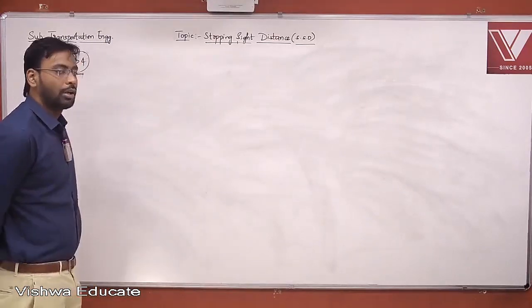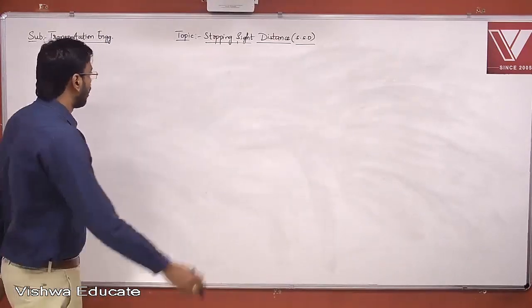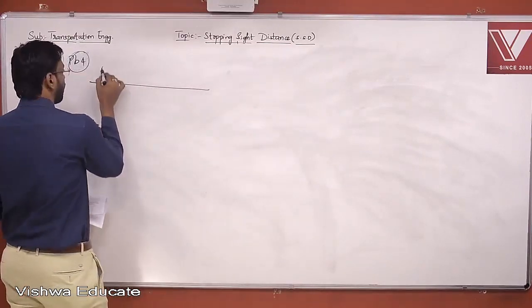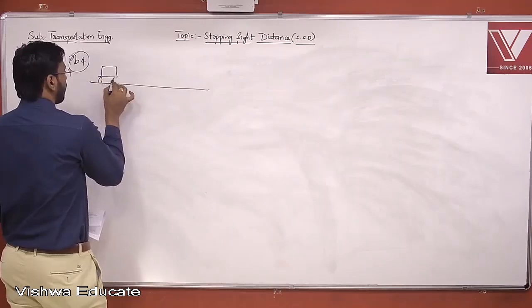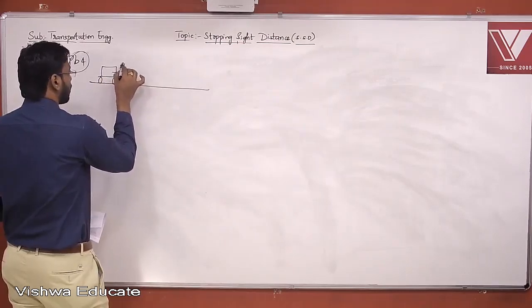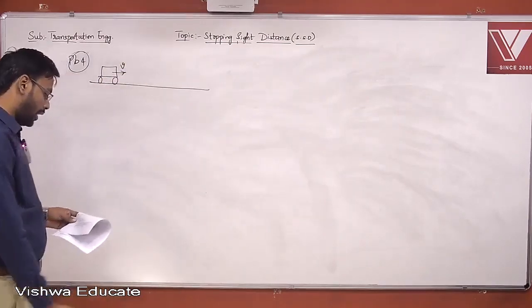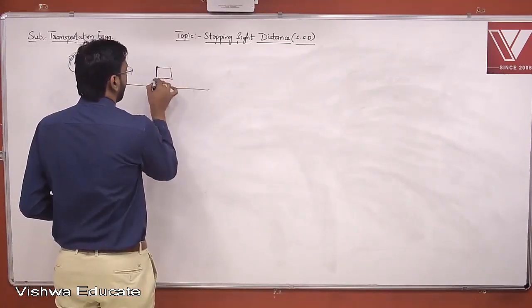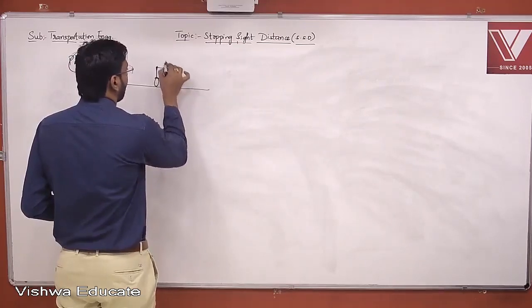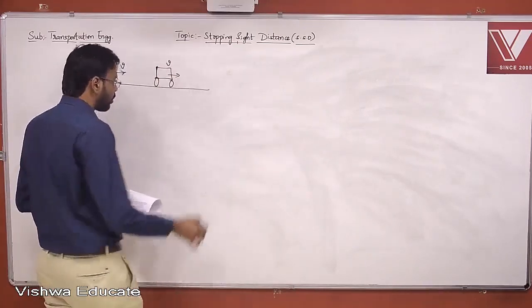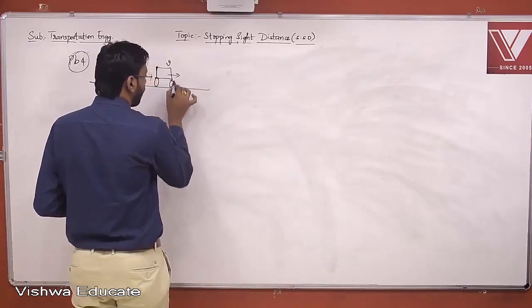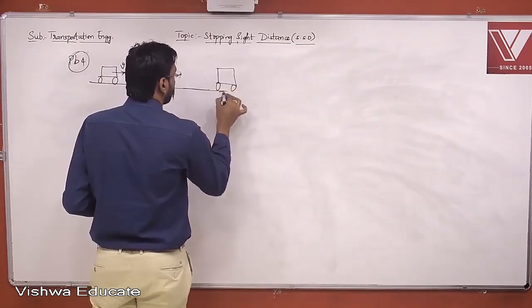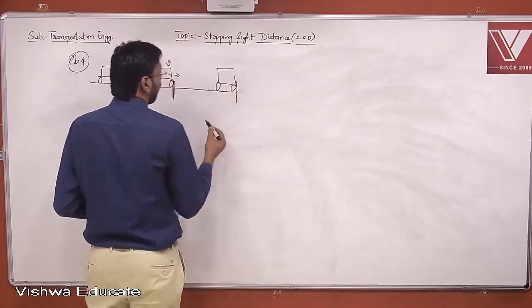Now let me consider a figure. This is the road, and this is my vehicle, which is traveling with a design speed v. At some point of time, I got an obstruction, so I've applied a brake here, and I've stopped my vehicle at this particular point.